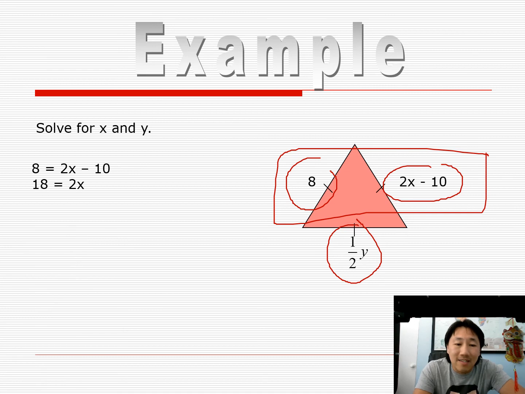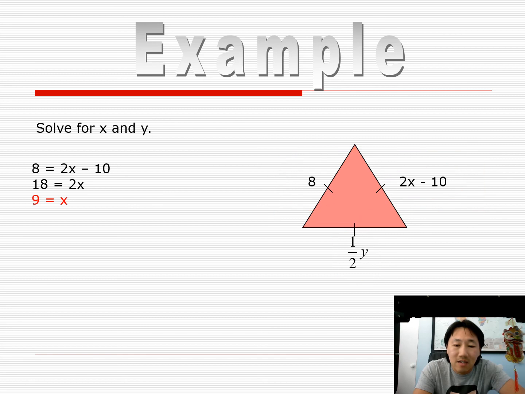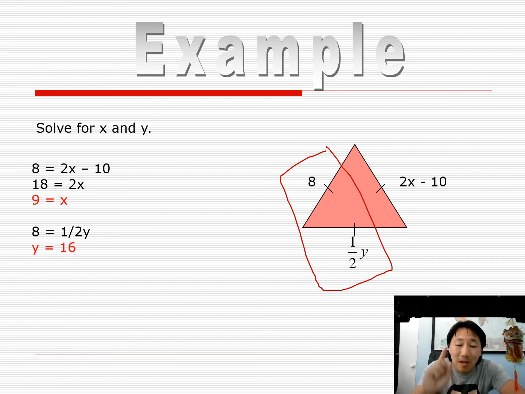Add 10 to both sides, divide by 2. There it is. Now let's set these two equal to each other. 8 equals 1/2 y. To solve for y, you multiply both sides by 2. Be tricky about that one. And then you have 16.